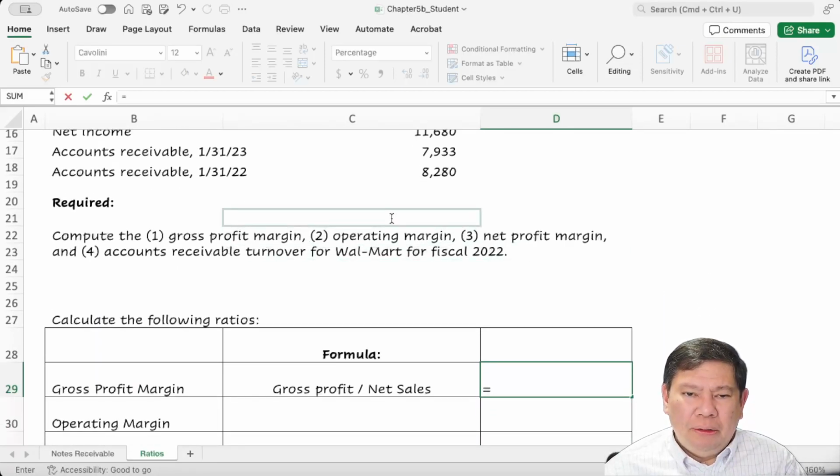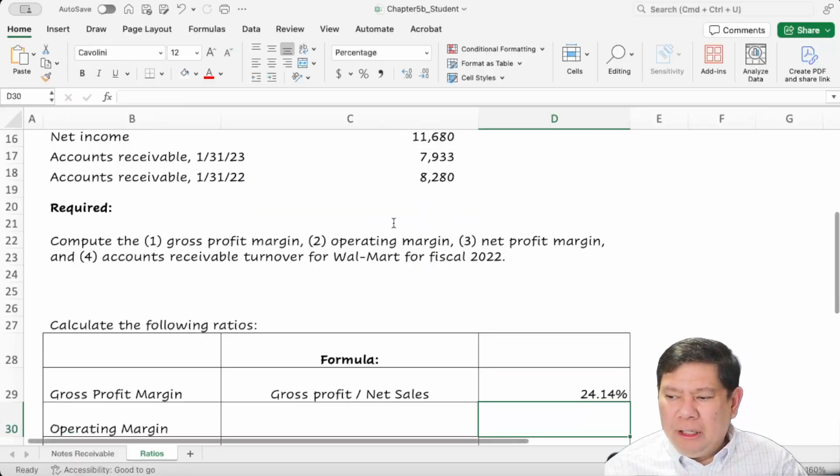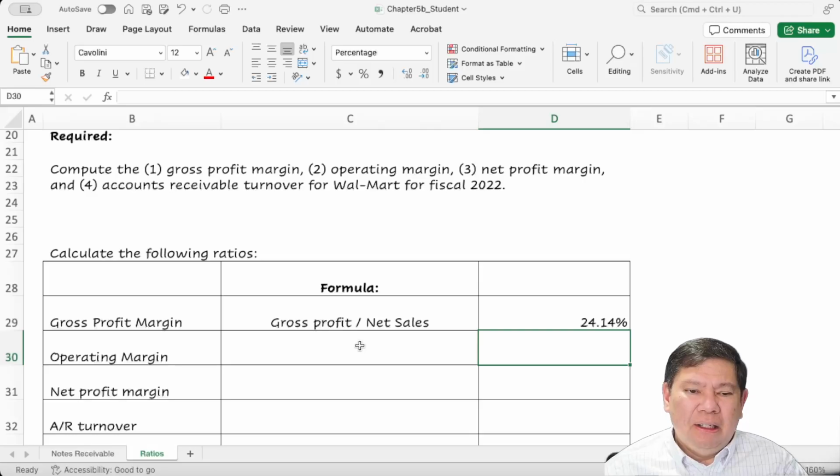So what we are going to do is 147,568 divided by 611,289. Okay, 24.14% is the gross profit margin. That's the profitability of the product.